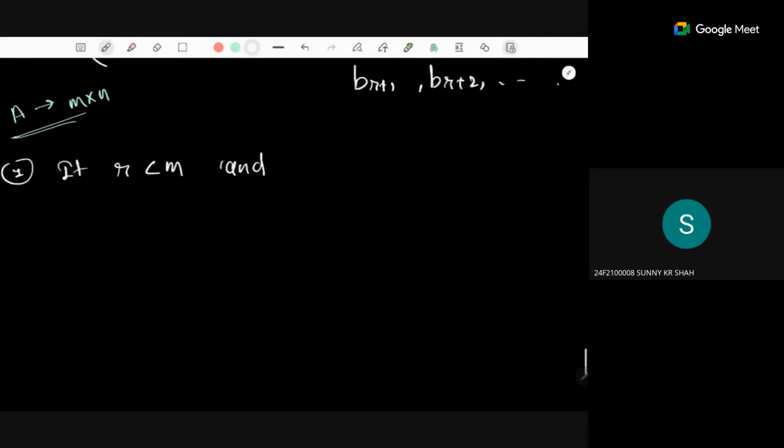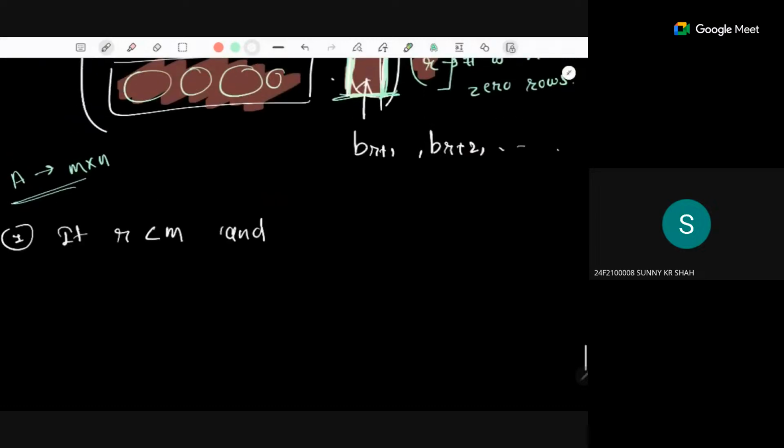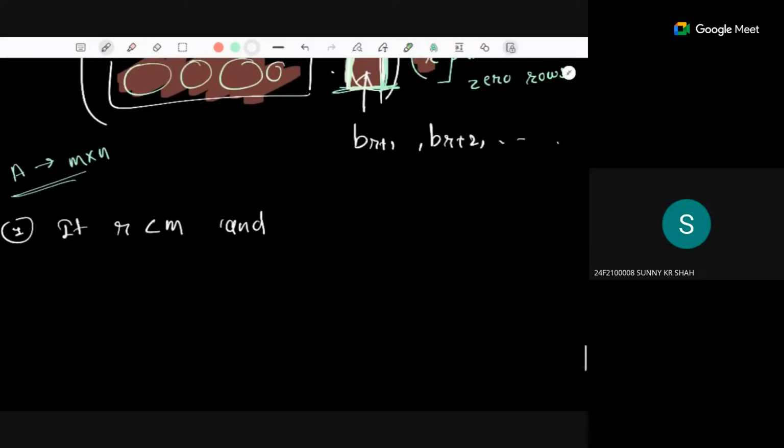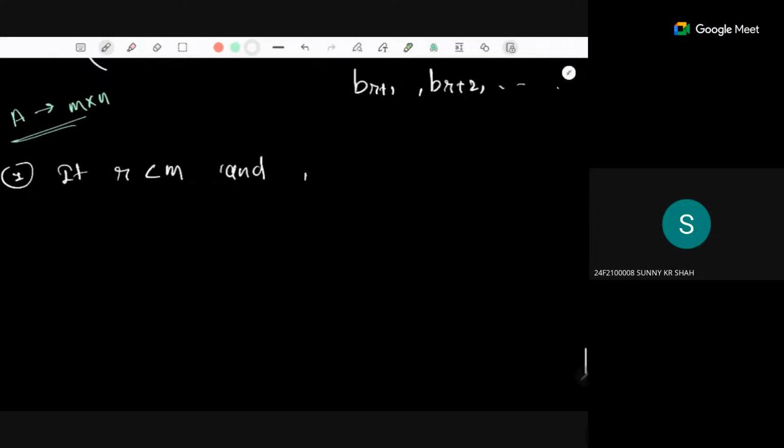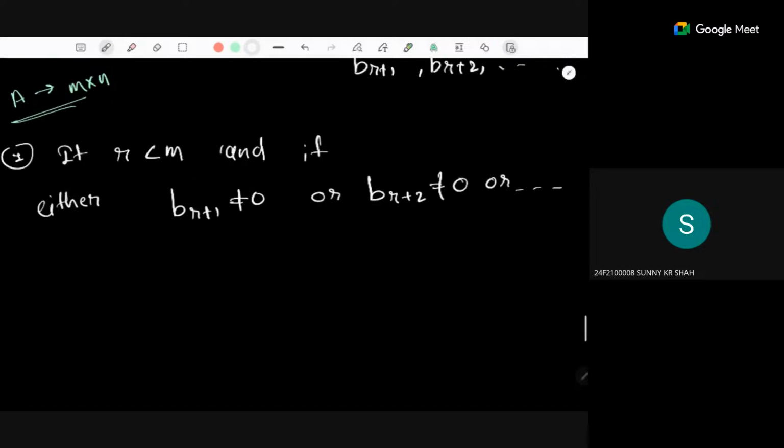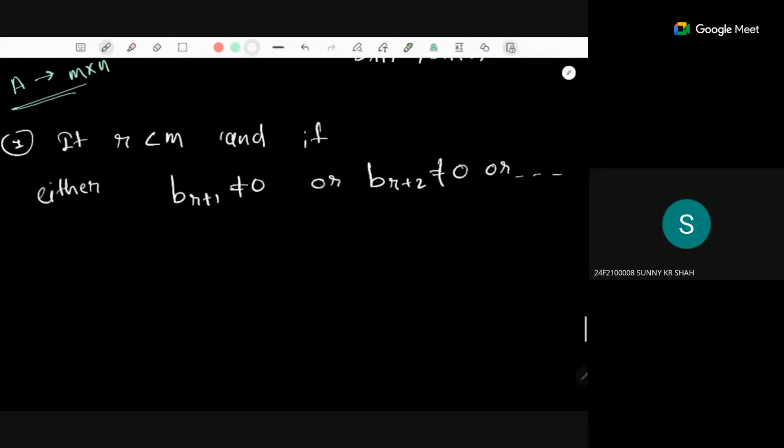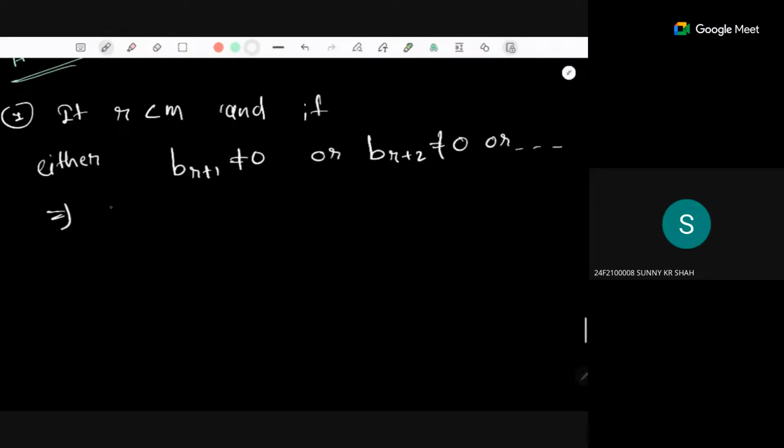Among all those constants, if there is one constant which is not zero, that is, either b_{r+1} is not equal to 0, or b_{r+2} is not equal to 0, or any of the constants related to a zero row is not equal to 0, then we can say that the system has no solution.